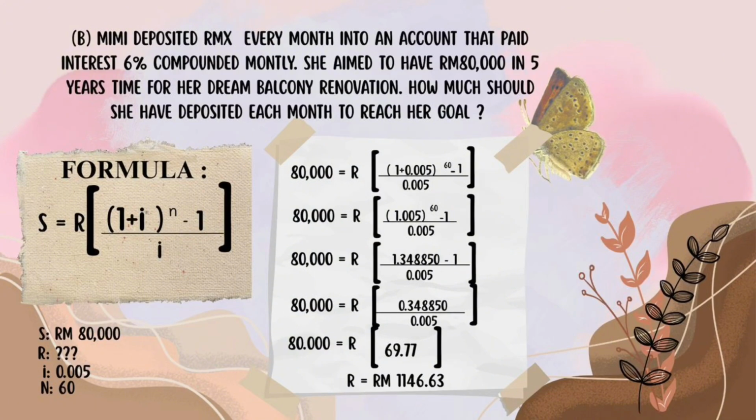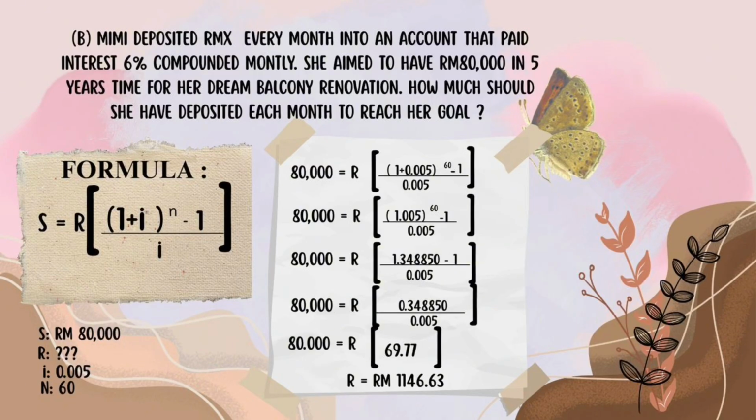So 80,000 equals R, 1.348850 minus 1, divided by 0.005.